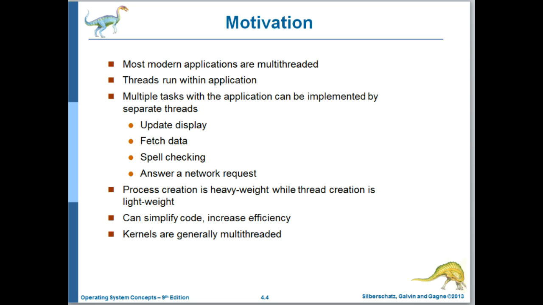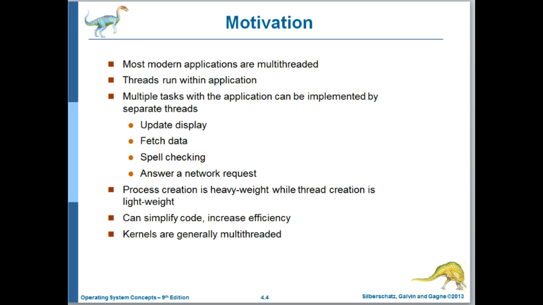The only resources that the thread needs are essentially the activation frame stack and a set of variables and some scheduling information, which may be kept down at the user level or the kernel level, as we'll see.